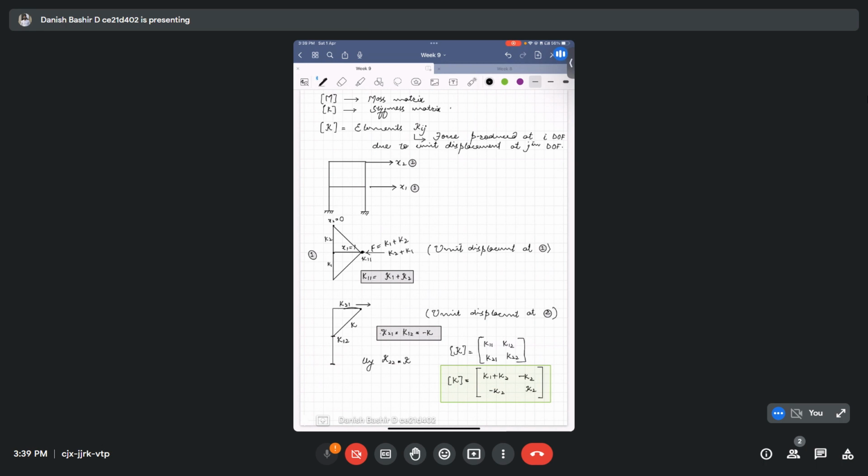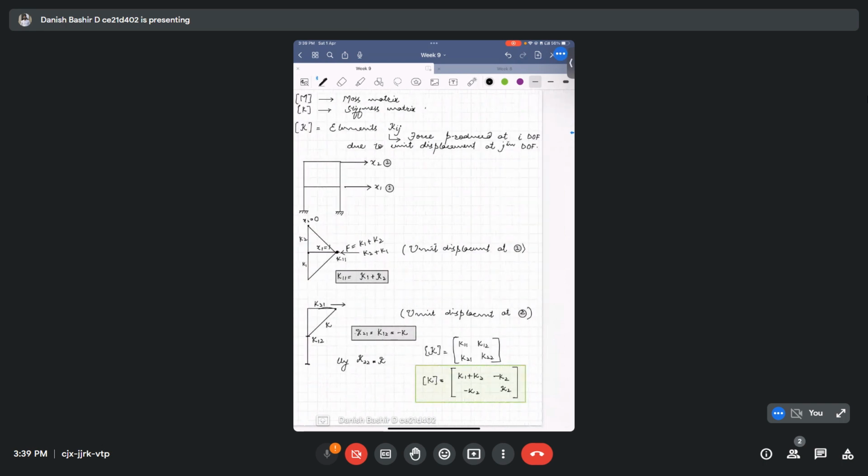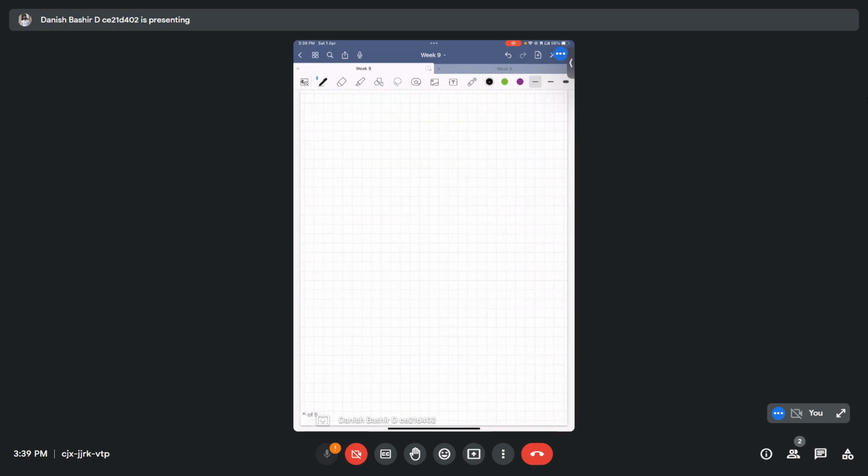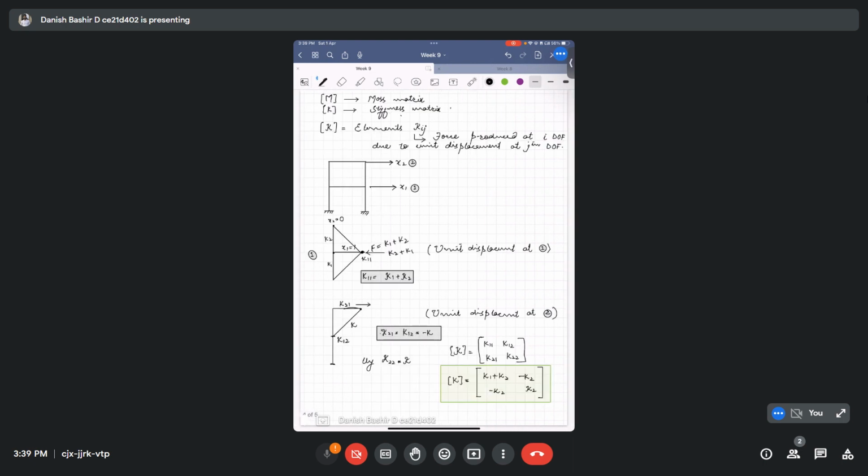That is the procedure for deriving the stiffness matrix, and I will briefly tell you the procedure for deriving the mass matrix.